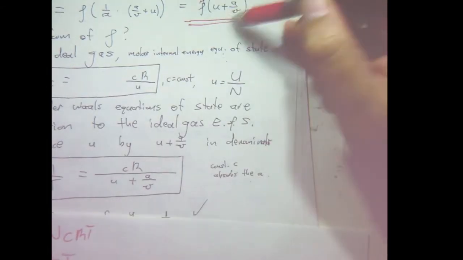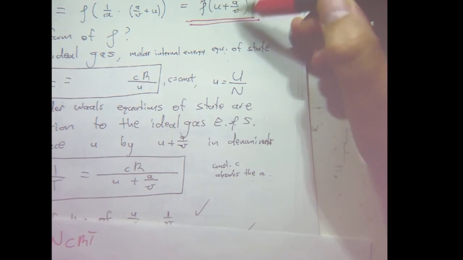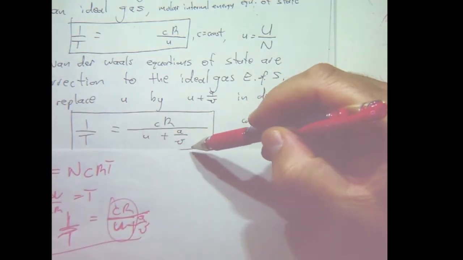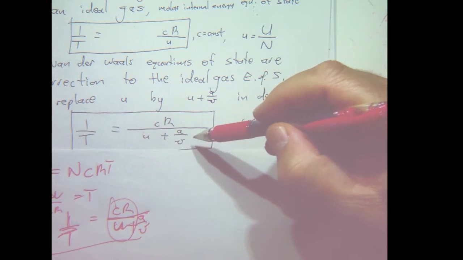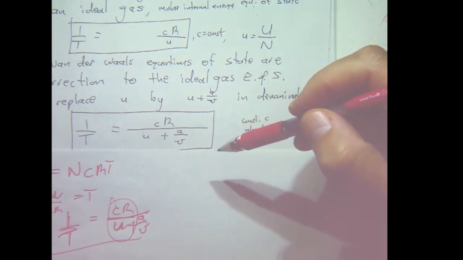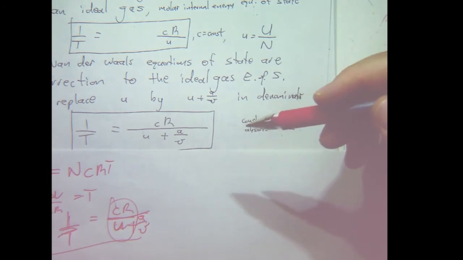Technically, that also fits this. But we keep the simplest form because in the proper derivation of the van der Waals equation of state, you've kept only the simplest form.